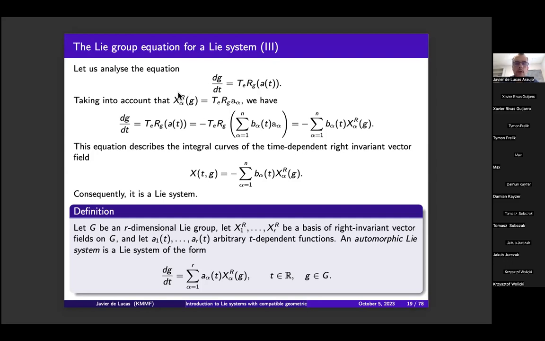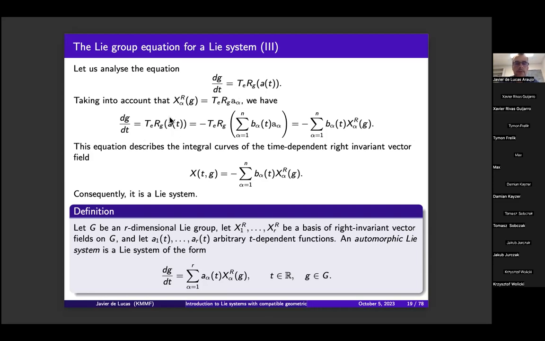Recall that on a Lie group, the right invariant vector field at a point g, alpha, is defined to be the action of the tangent right translation at the point e, the neutral element, of the value of the right invariant vector field at the neutral element, which is by definition A alpha. So if you use this, you will see that this differential equation can be written as follows.